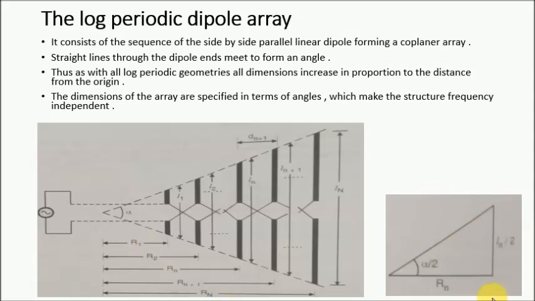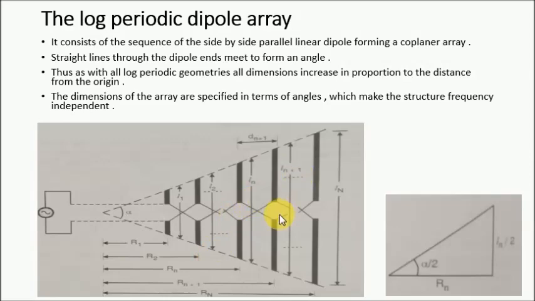So as we have a right angle here, and the angle enclosed is alpha by 2, if you calculate tan alpha by 2 here, that is equal to Rn divided by 2 divided by the Rn. And if you have the true elements, that we can have, that is L1 divided by R1 is equal to L2 divided by R2 is equal to Ln divided by Rn, which is equal to Ln plus 1 divided by Rn plus 1.